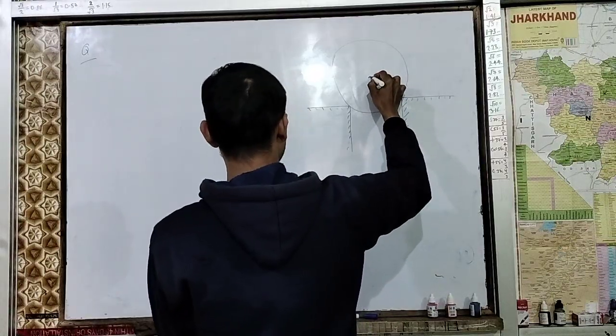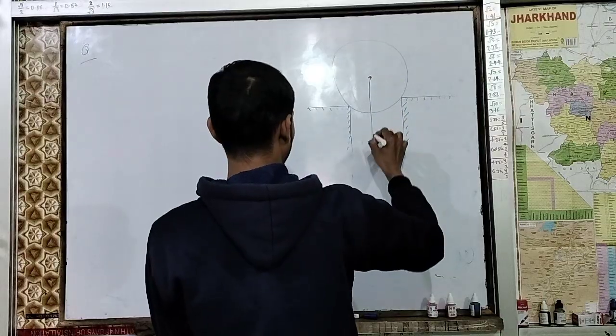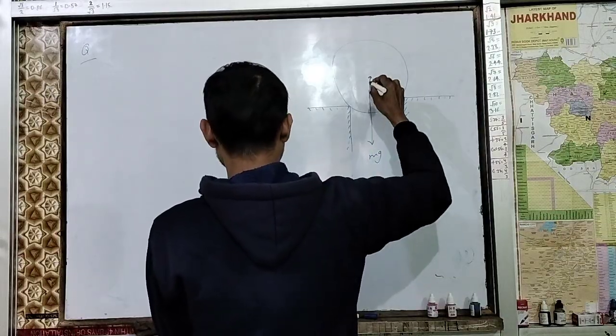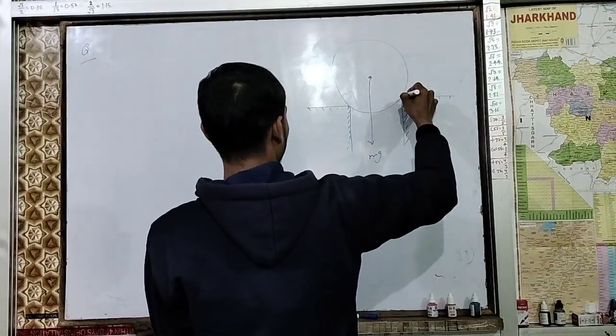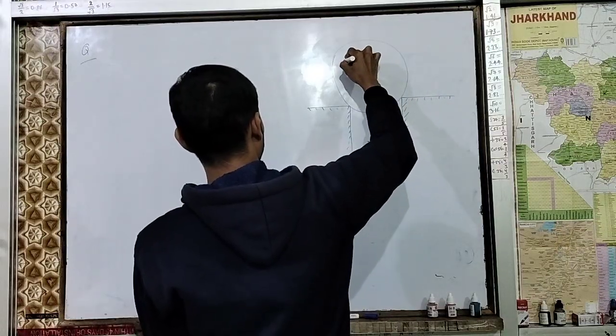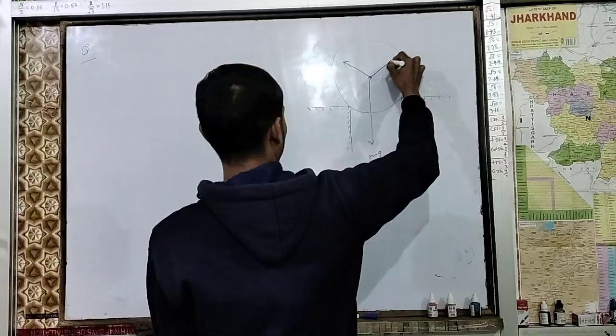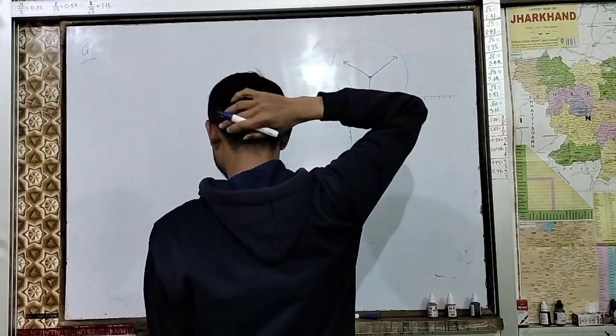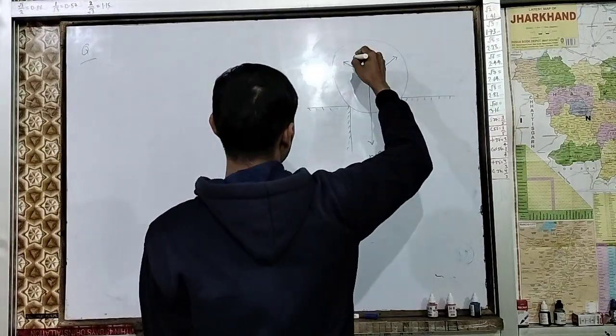The center of this circle will be over here. Downward will be our mg, and this contact will provide N1 and this contact will provide N2. Clear? N1 and N2.